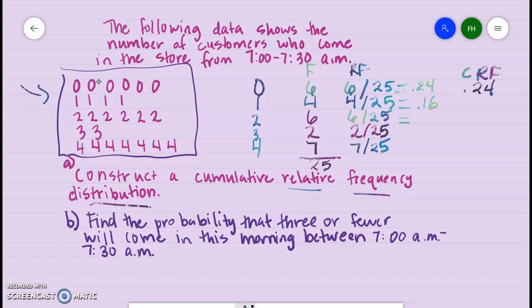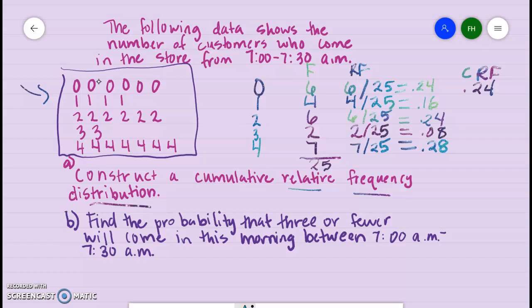And 6 divided by 25 would be 0.24, which we already had a class like that. 2 out of 25 is 0.08, and 7 out of 25 is 0.28.